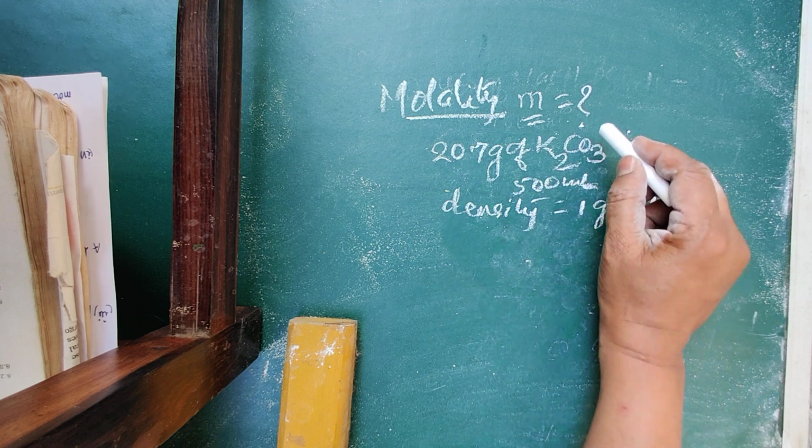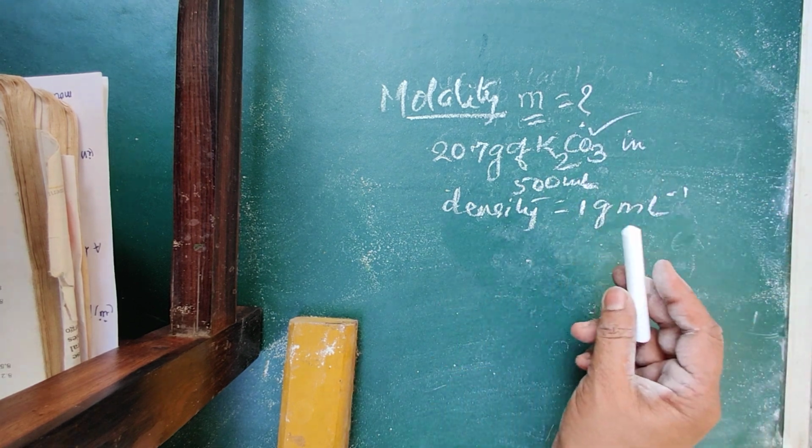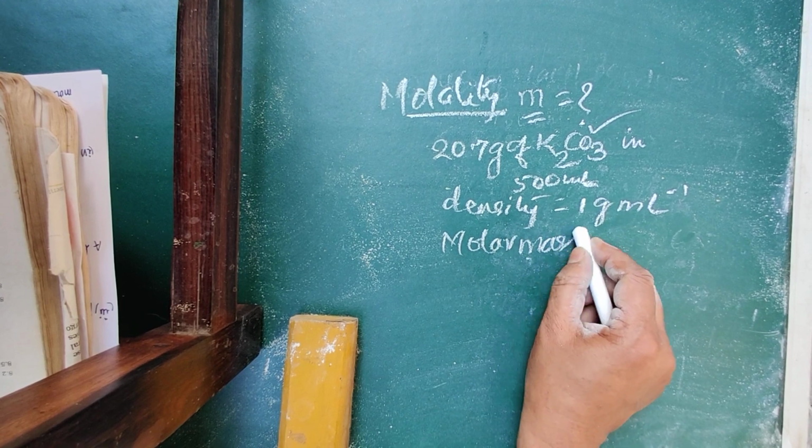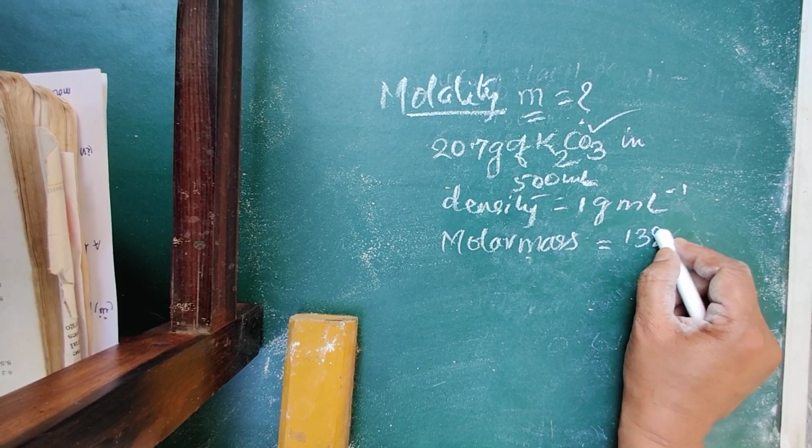So mass of K2CO3 20.7. You will require molar mass. If we find out, it comes to be 138.